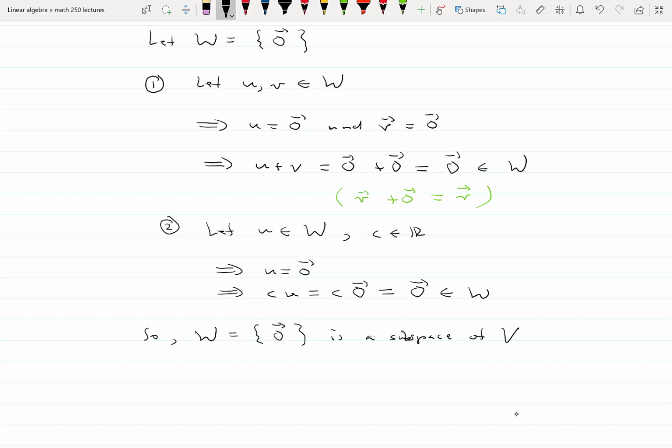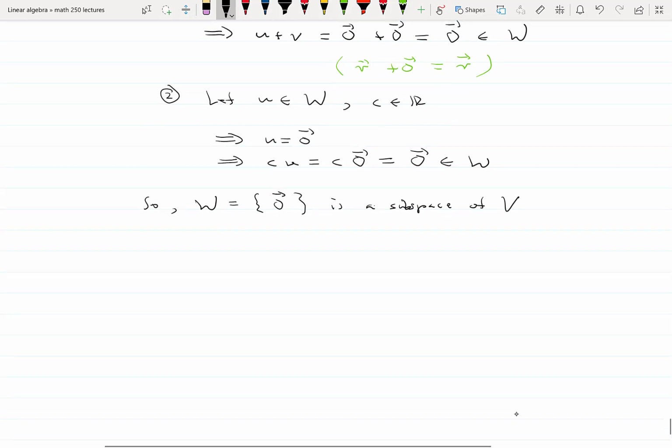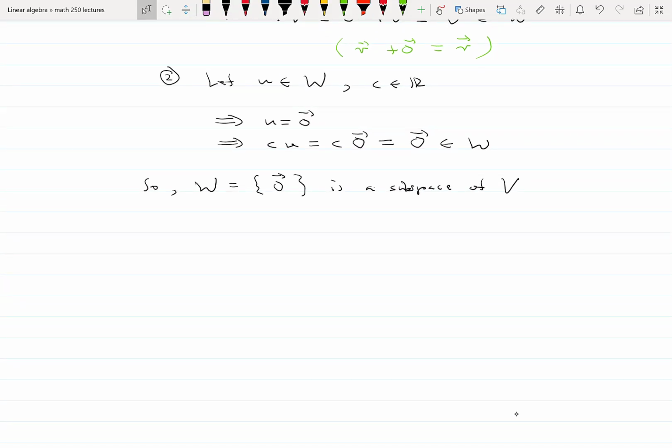Subspace of V. That's better. So it's the smallest subspace of a known vector space that's possible. You should hear that again. The smallest possible, in terms of number of elements, subspace of a vector space is the subspace that only contains the zero vector.